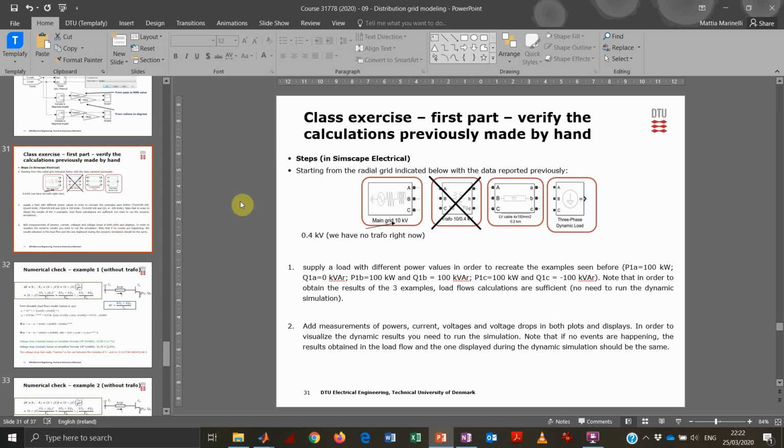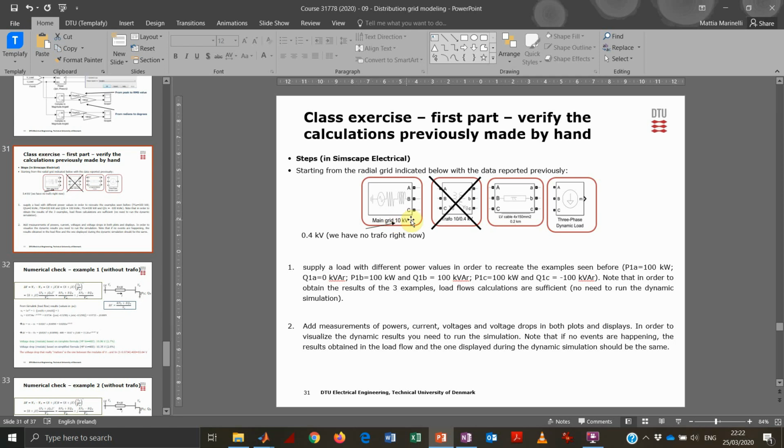So as we saw in the previous class, we were using the normal voltage drop, the normal Ohm's laws to calculate voltage drops and so forth. And now what we want to do is to verify this calculation by building the model in Simulink, in Simscape Electrical.